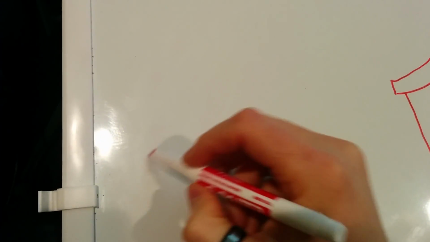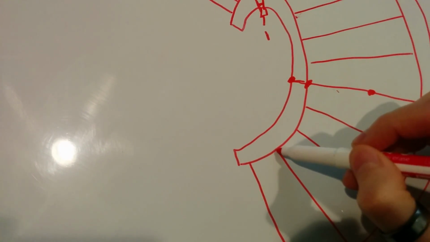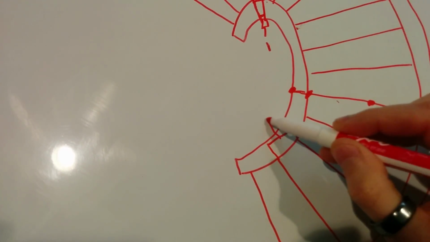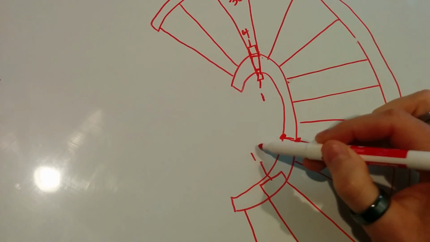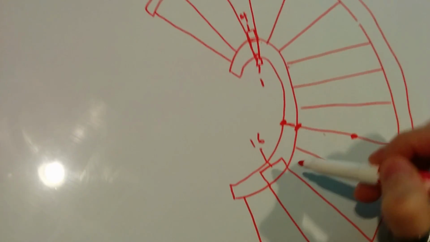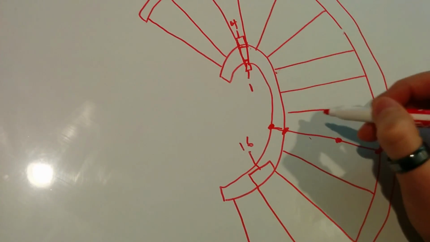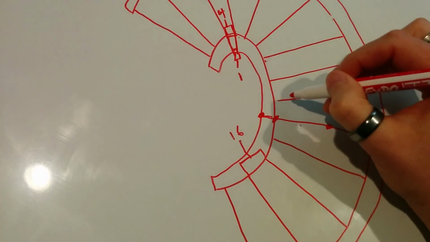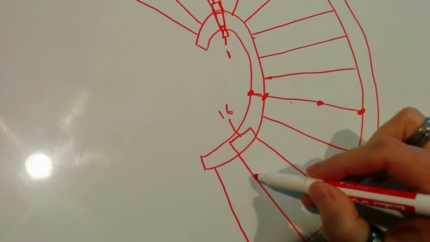Let's take this as an extreme. For the bottom of the staircase, I have no idea how big this is, to be honest, but we'll say it's 16 inches or so. Each of these steps is going to be the same height increase, because it would just feel weird if it was different. So say each of these is 7 inches.